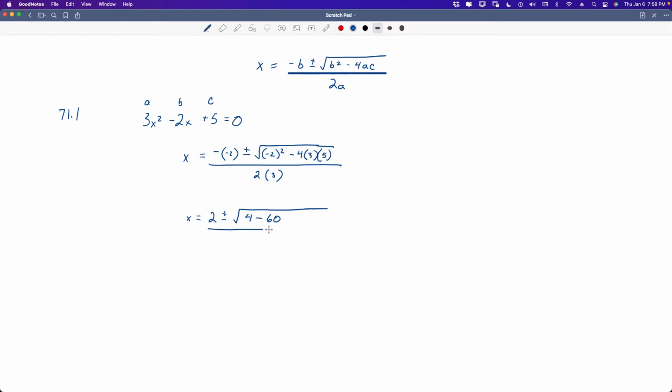Okay, all over 6. So that's going to be x is equal to 2 plus or minus, and 4 minus 60 is going to be a negative 56 over 6.